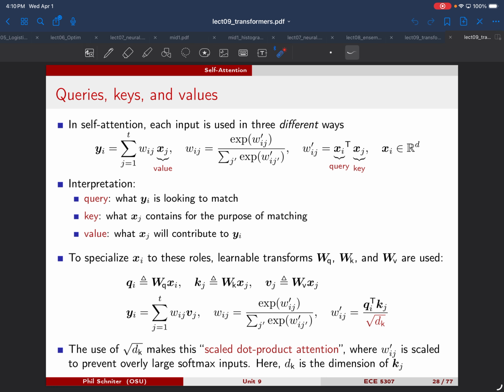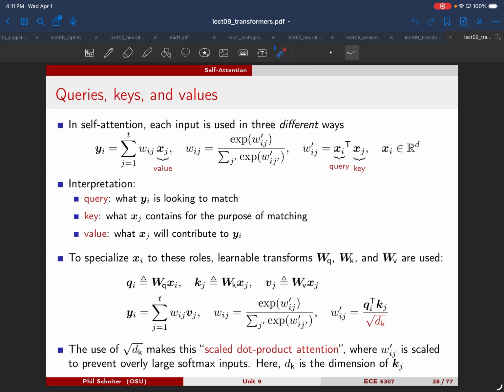And so basically we have the ith element of the output sequence is a weighted linear combination of different input sequence elements. And those input sequence elements, what they are, you take the original input sequence element and then you transform it with a square matrix.